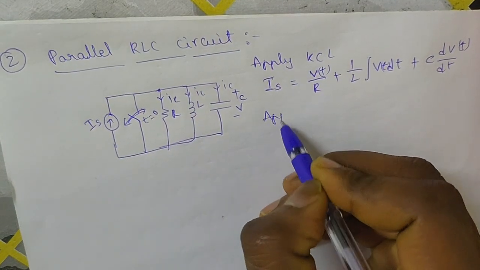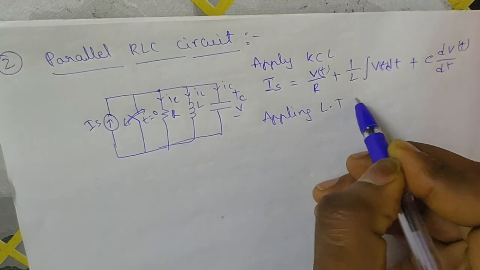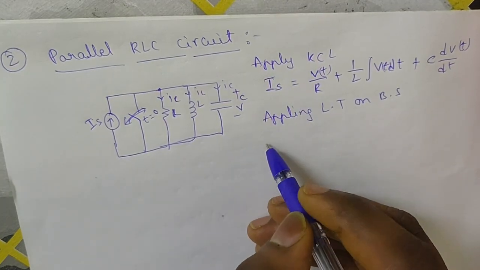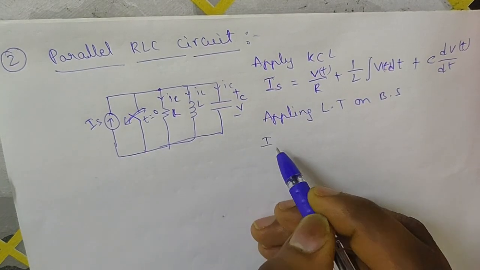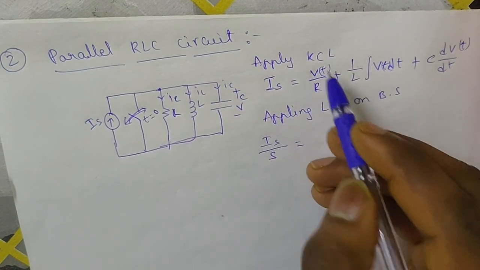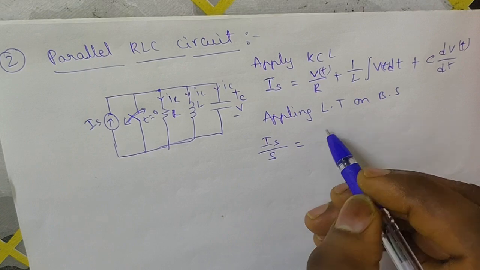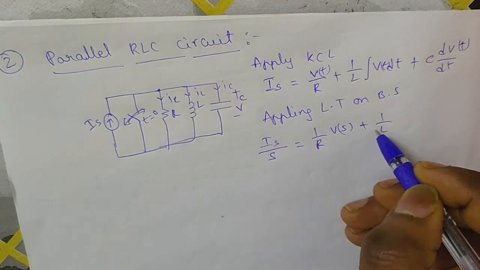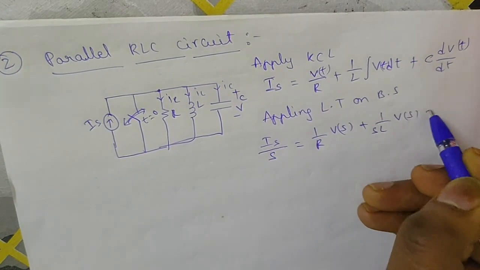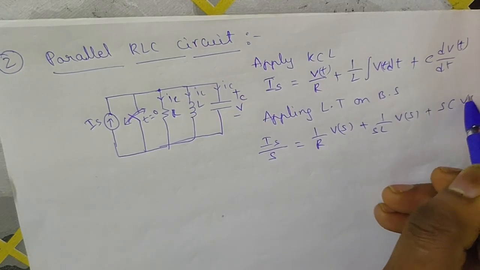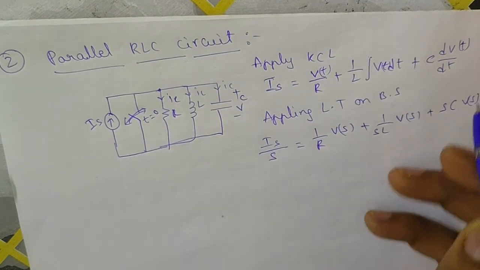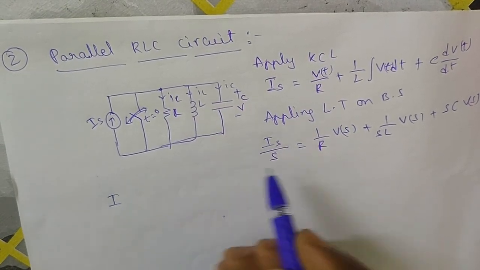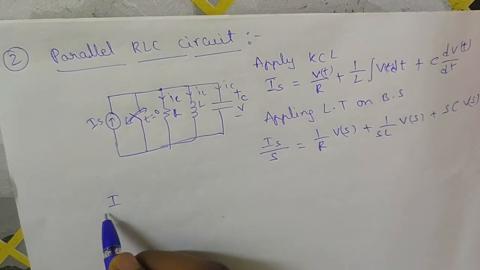So applying Laplace transform on both sides. Applying Laplace on a constant, it is I of S by S. It will be 1 by R V of S plus 1 by L into S V of S plus S into C V of S. So I am writing here I by S, as two S's are there and we will be confused.